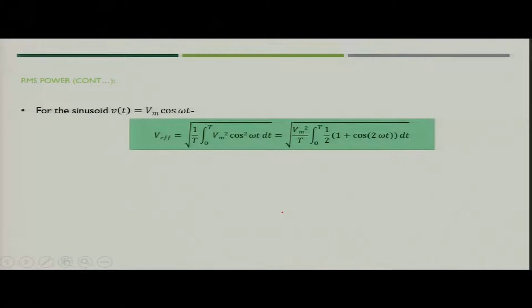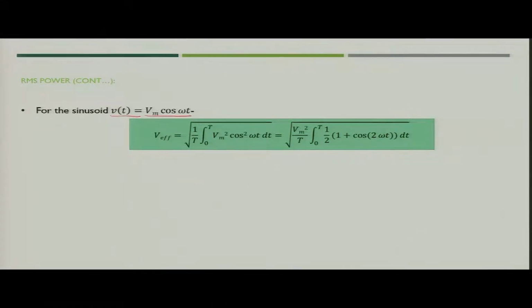Now, we know that the sinusoid V(t) is Vm cos omega t. This we generally take as a starting point for deriving the various equations. So, let us take the same example for sinusoid, that is V(t) is equal to Vm cos omega t.